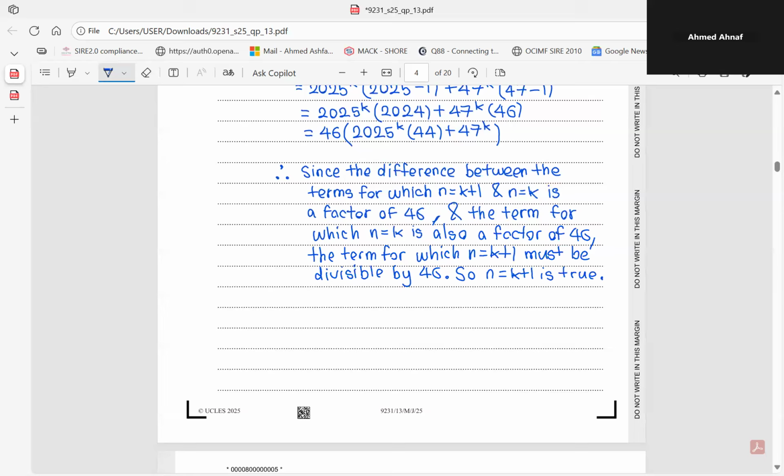And hence you can write your final statement: hence by the principle of mathematical induction, the above statement is true.